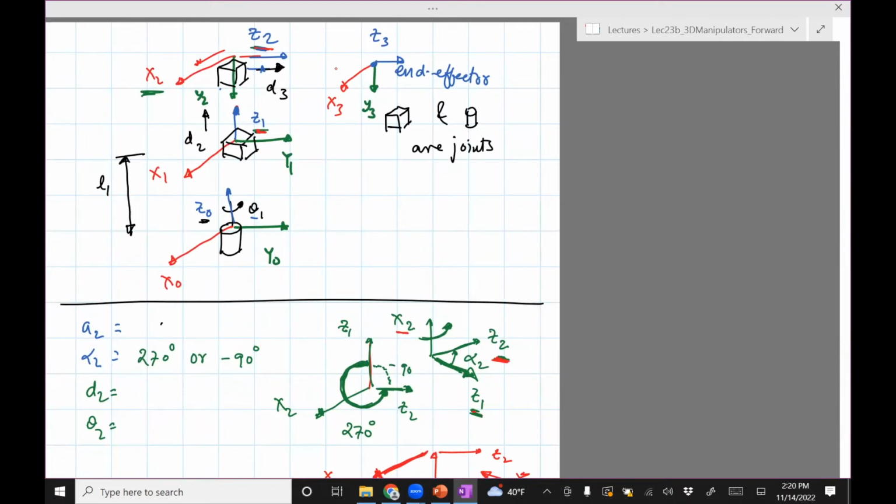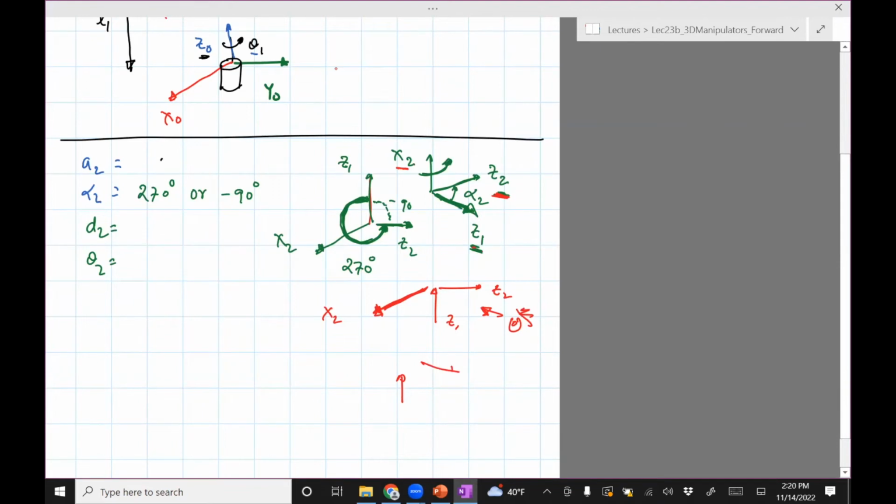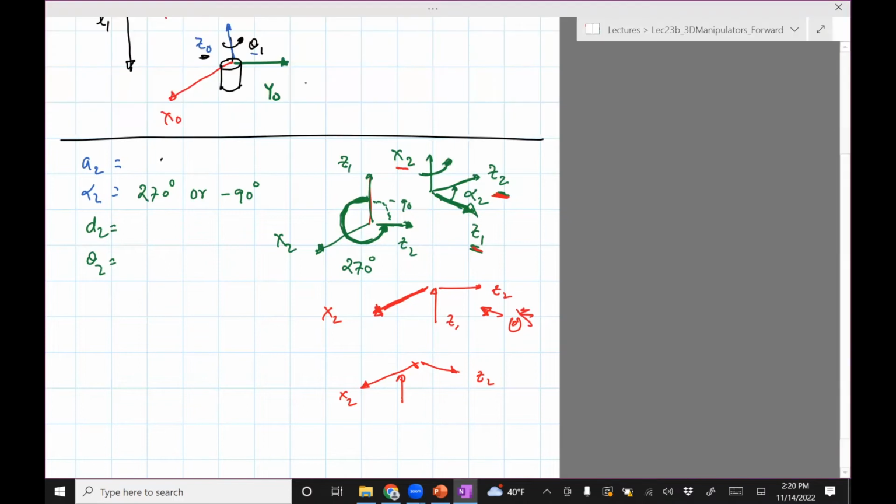The other case would be if Z1 was this way, Z2 was like this, and this was X2, then this distance is non-zero.